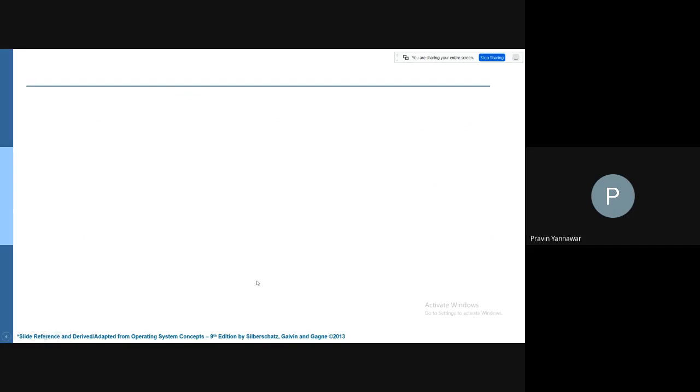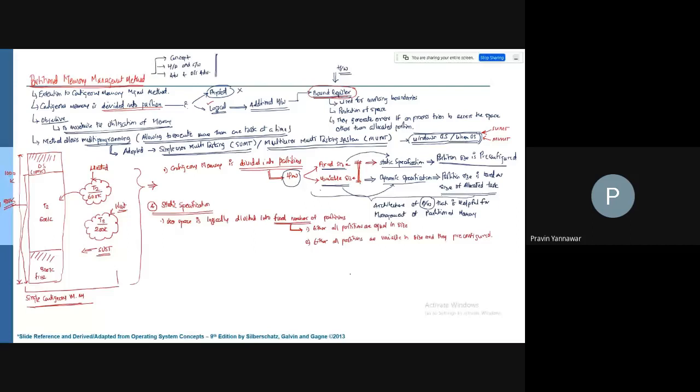They are pre-configured. So which means either they are of equal size or they are variable size partitions and they are pre-configured.